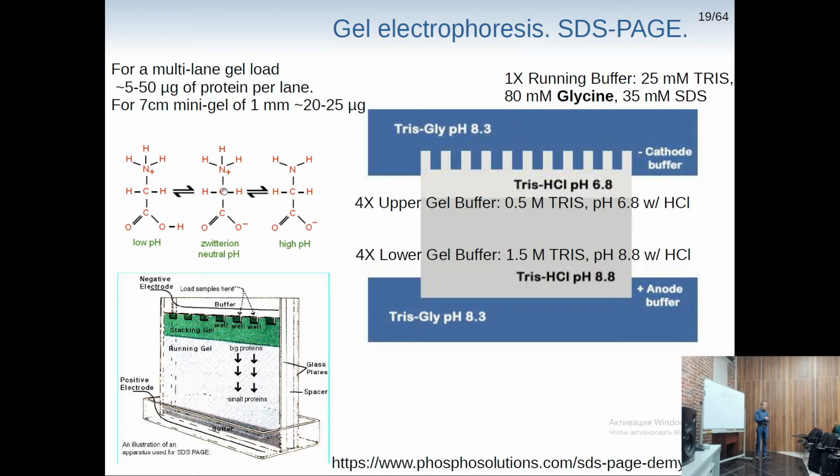It's possible, but also we assume that SDS covers our protein homogeneously, right? But what if the protein has some part which is highly hydrophobic? SDS will preferentially bind to this part of the protein, right? And we will not have this one-to-one ratio between the size of our proteins and the number of SDS molecules. And this ratio can be modified by buffers, the kind of gel we used, and other ways.